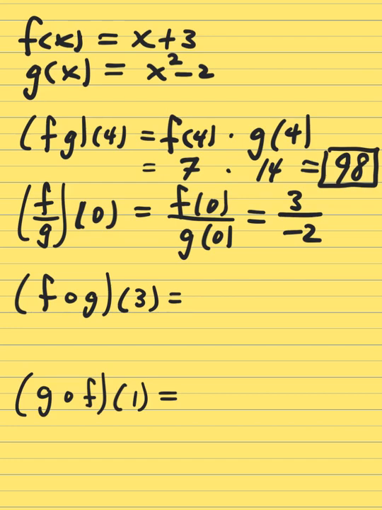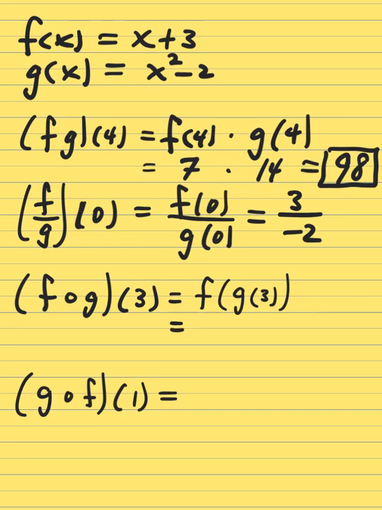Composition, you have to be careful setting these up. Just like we did on the first example, we're going to collapse this down. F of g of 3. Function g is x squared minus 2.